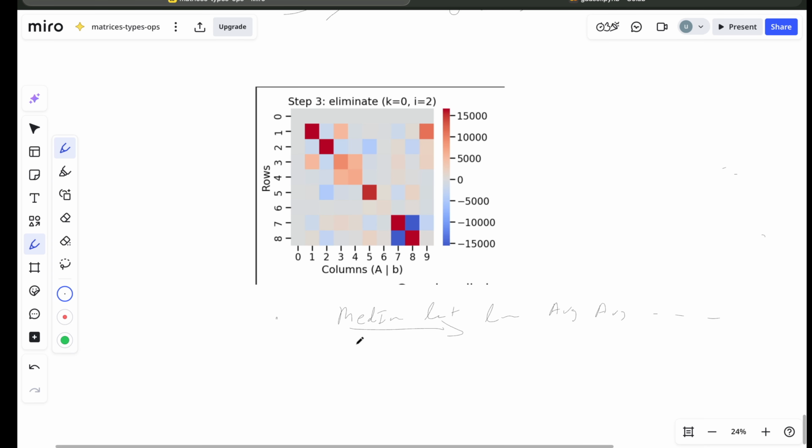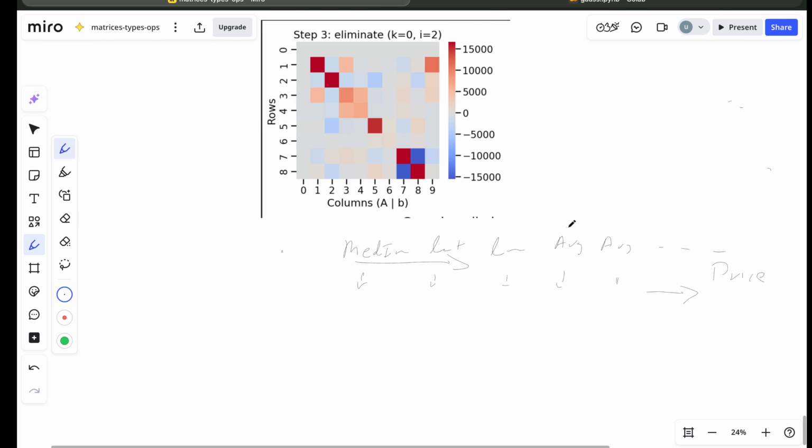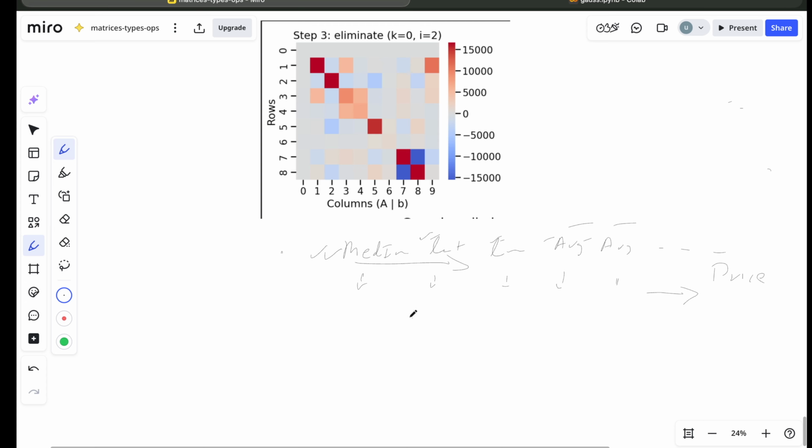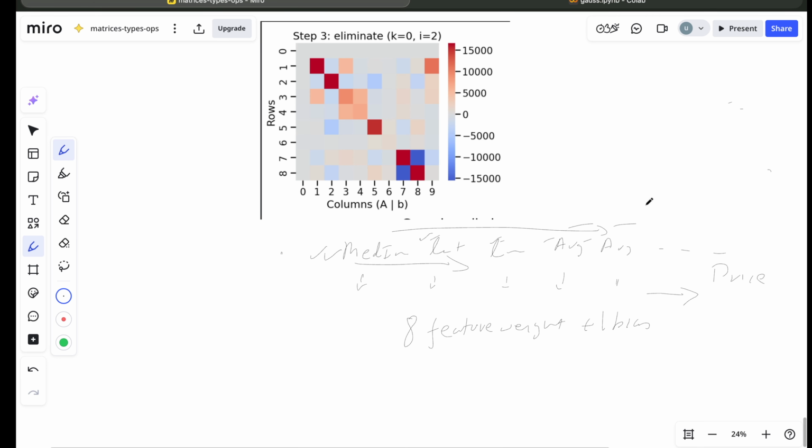We input each of these values and get a single price for the house based on them. So this formula has 9 unknowns: we need to find the coefficients, basically 8 feature weights plus 1 bias.